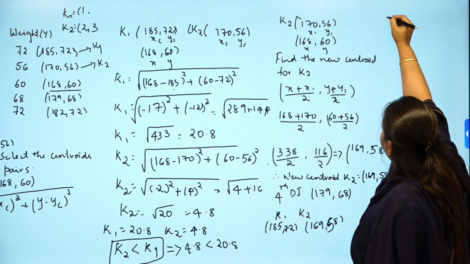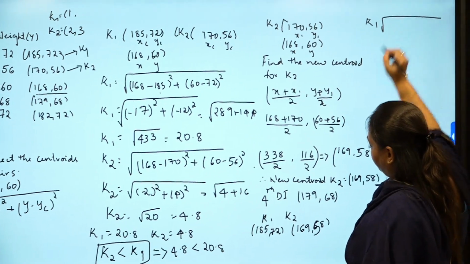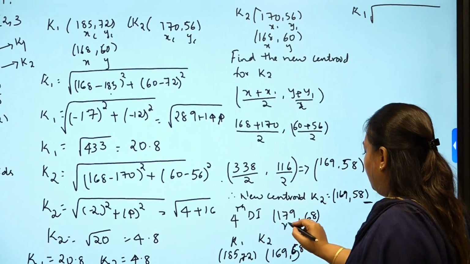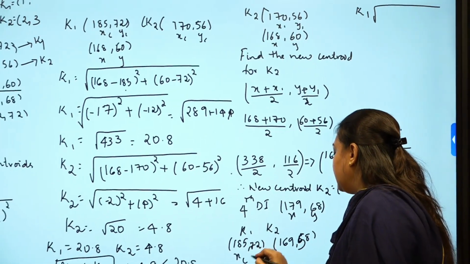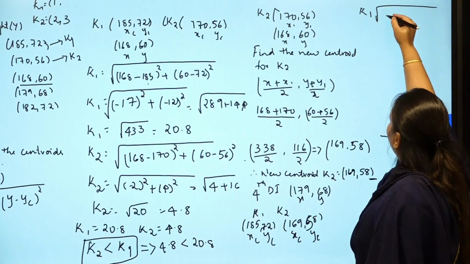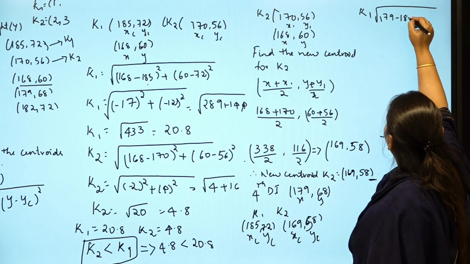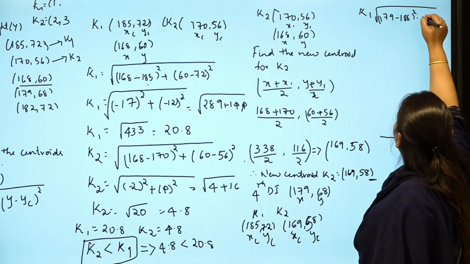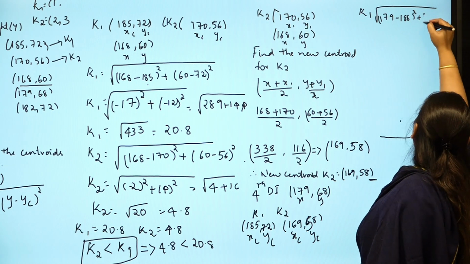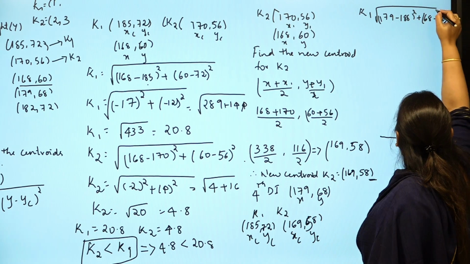Now again the same, K1 is root of the same thing here, x, y, xc, yc. Now 179 minus 185 whole square plus 68 minus 72 whole square.